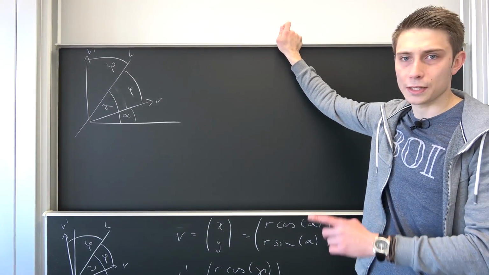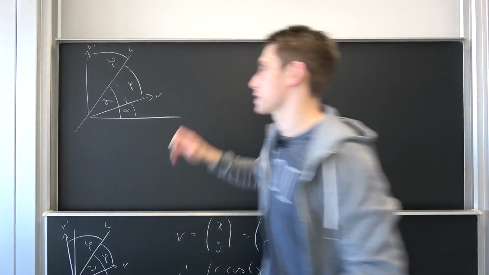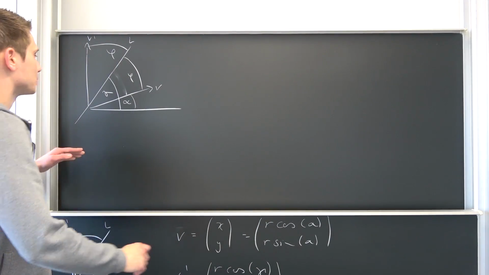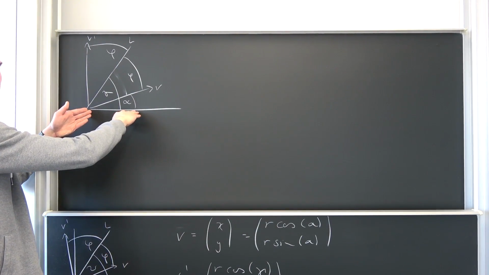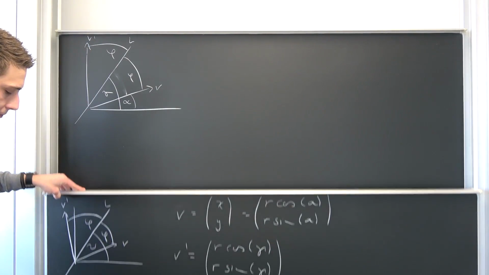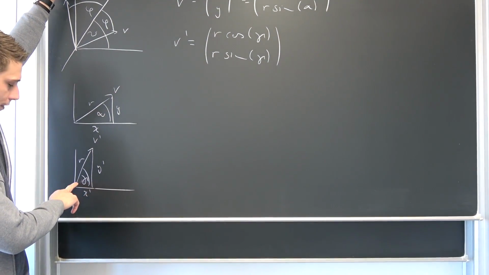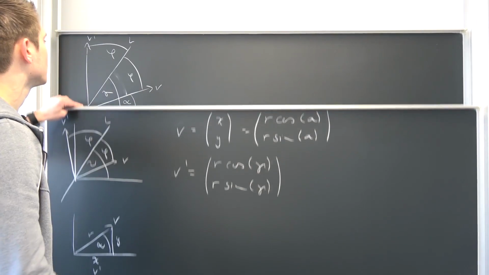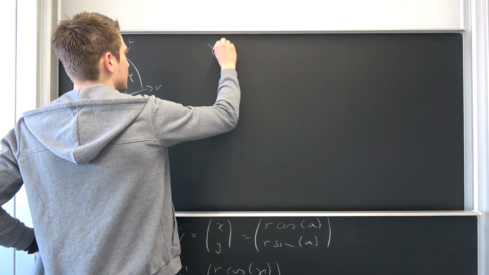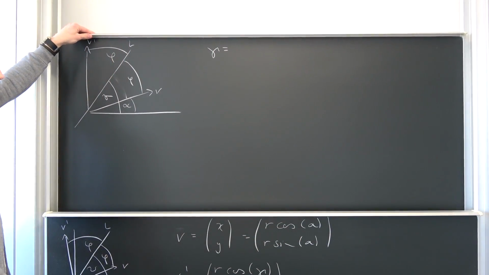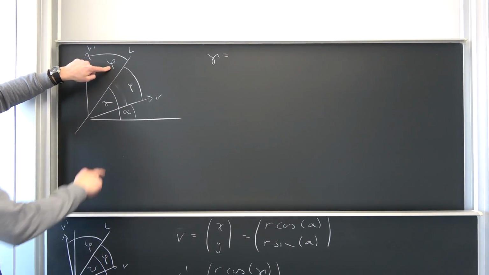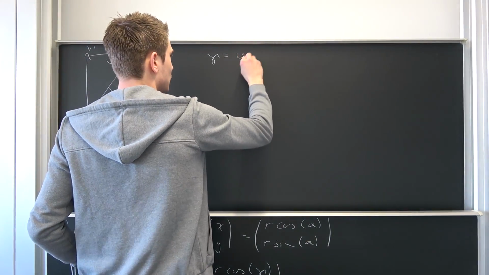Now we can do some trigonometry right here. Some angle playing around, because this angle between our x-axis and our vector v prime is exactly our gamma that we have proposed. So our gamma, what is it going to consist of? Well, it's just phi plus theta right here.